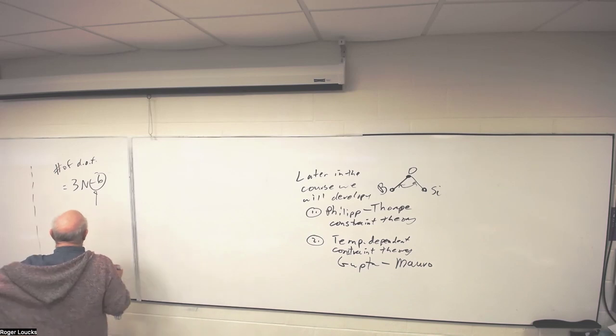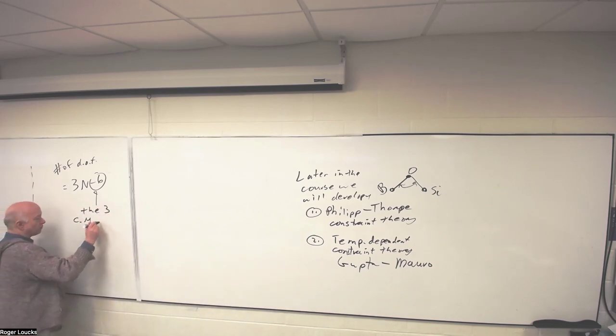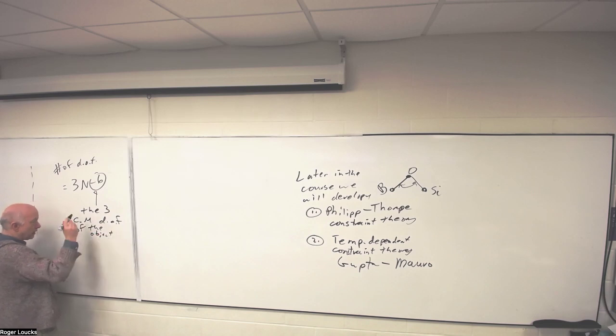So the 6 here is the 3 center mass degrees of freedom of the object. The other is going to be the 3 orientation angles.